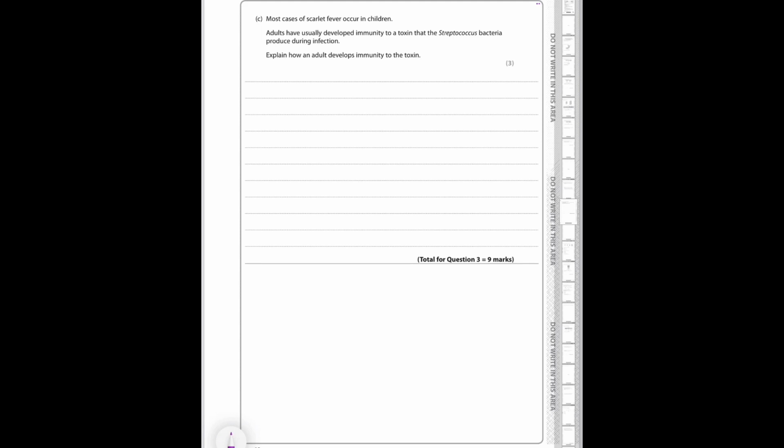The body produces antibodies that would fight off the disease. But the body also produces memory lymphocytes, and the memory lymphocytes will remember the specific antigen. So if the pathogen enters the body again, the antibodies are produced in bigger numbers and much more quickly.